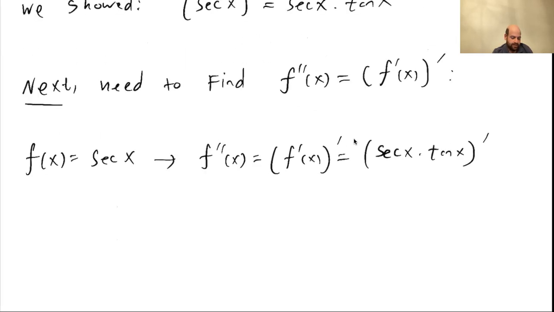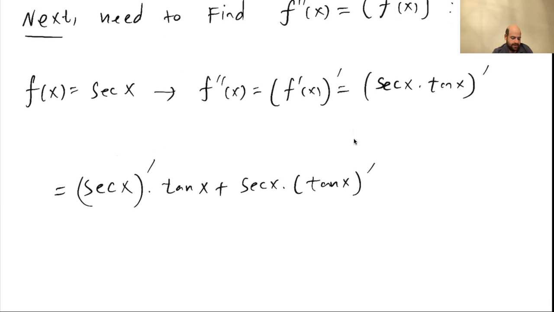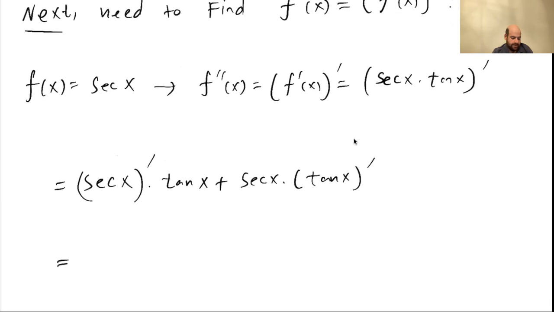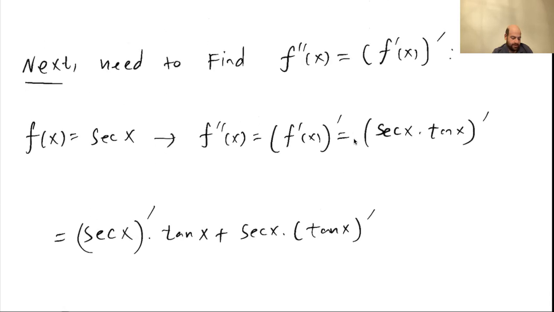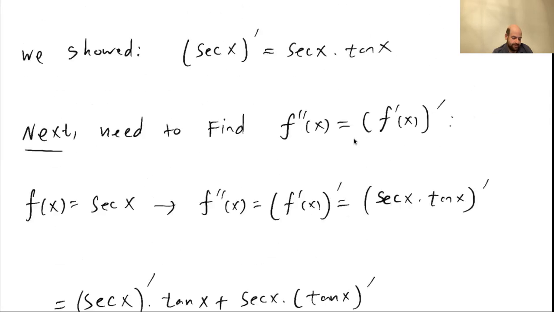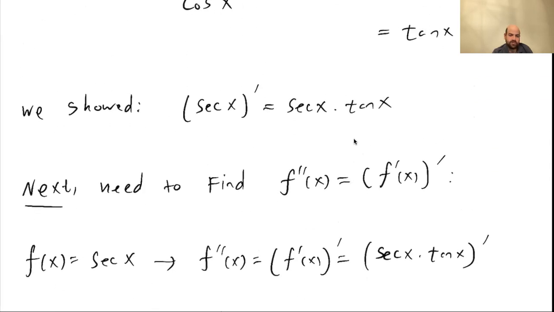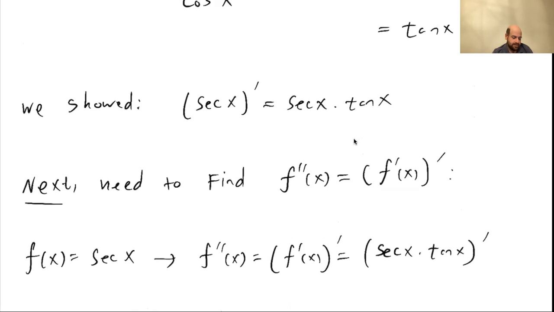And what is that going to be? That's going to be the derivative of secant x times tan x, plus secant x times the derivative of tan x. The derivative of secant x we just calculated is secant x times tan x.